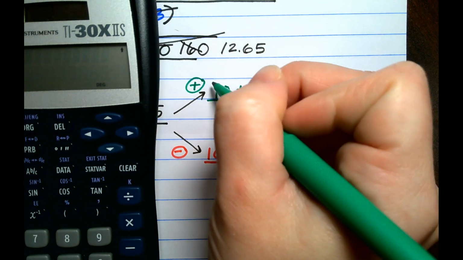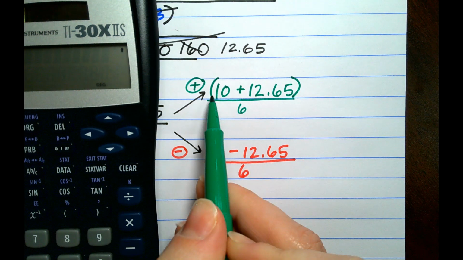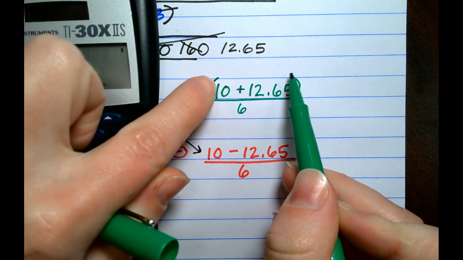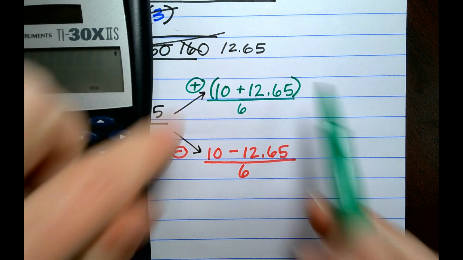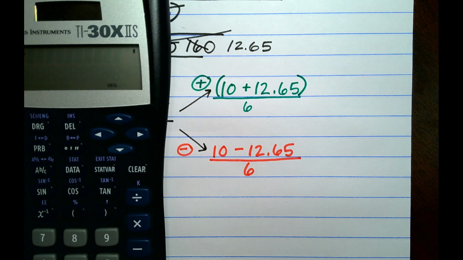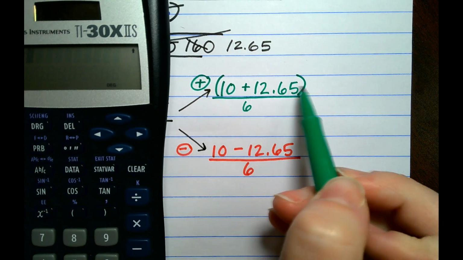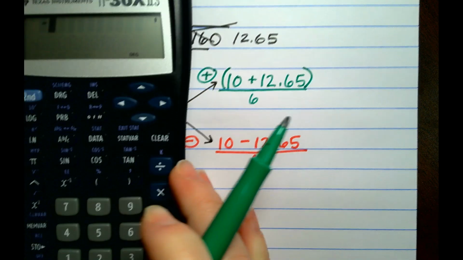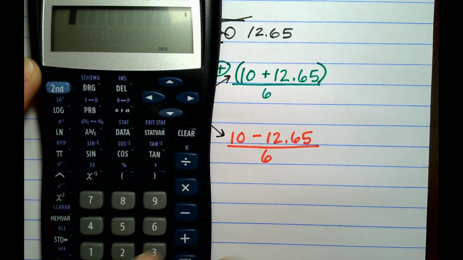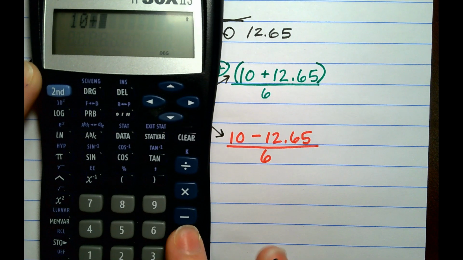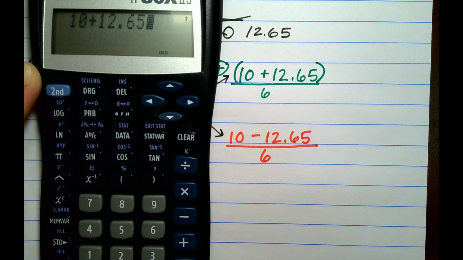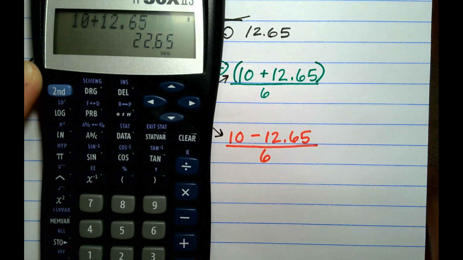So if you want to type it in all at once, you can only do that if you put parentheses around it. Or the safest bet would be to solve the top, then divide. So we would do 10 plus 12.65 equals 22.65.